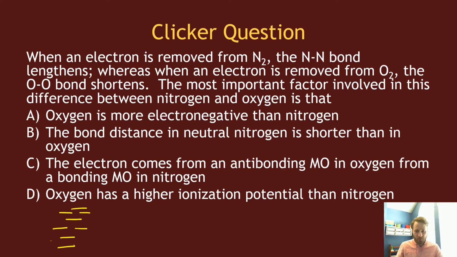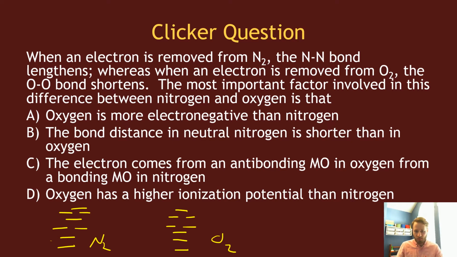So this is the molecular orbital diagram for N2. For O2, it's going to look like this. So this is the molecular orbital diagram for O2, and this is it for N2.